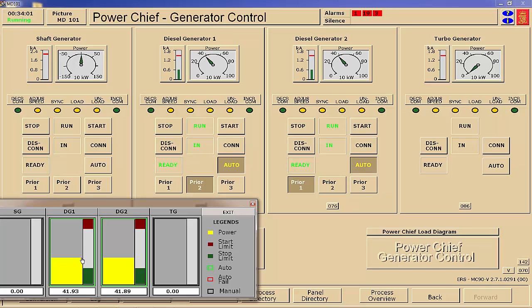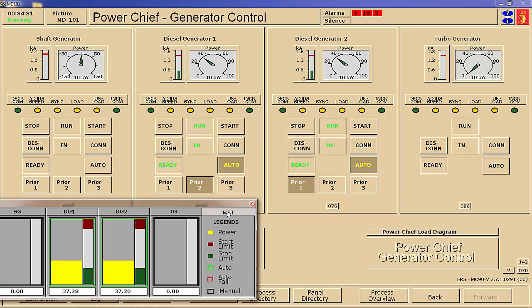So basically these are looking at load on the generators, and this green and red. If both of these drop down into the green, then it is going to stop a generator depending on the priorities. If I had 1 generator on the line and that comes up into the red, it would automatically start another generator. So this is giving you where those permissives are.